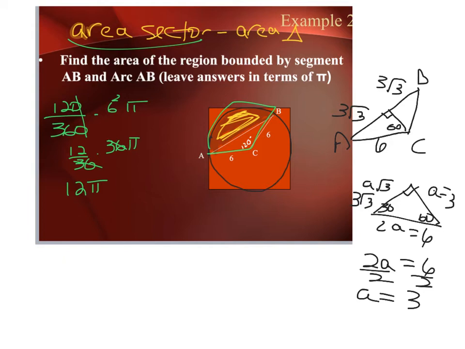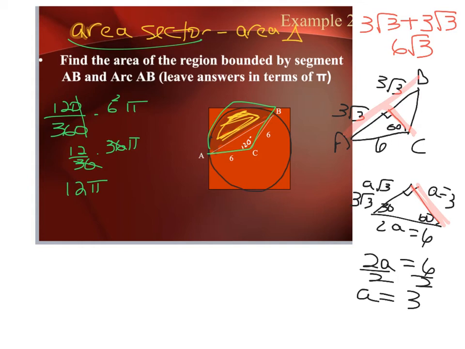So now to find the base, let me highlight this. This is the base, this is the height. So the height's over here, it's at 3. My base is going to be 3 root 3 plus 3 root 3, which gives me 6 root 3.